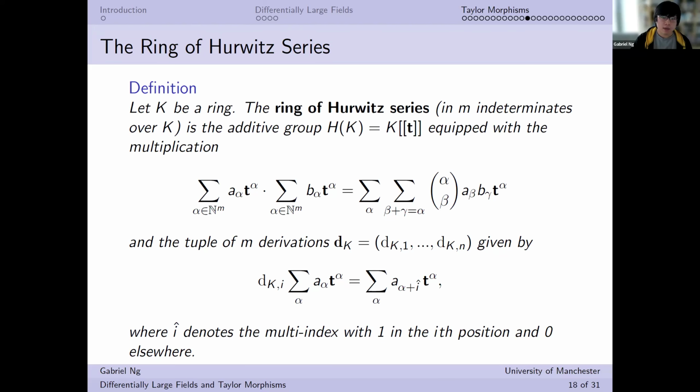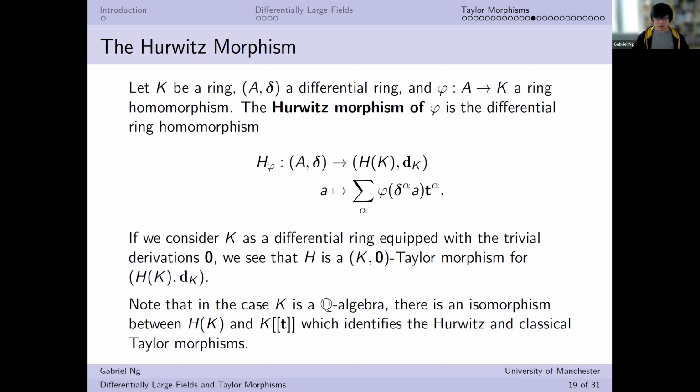Okay. And there is a kind of analogous construction to the classical Taylor morphism in this setting. So if we let, again, K be a ring, A a differential ring, and we take a ring homomorphism phi from A to K, then the Hurwitz morphism of phi is the differential ring homomorphism, which we denote by H sub phi, from A to this ring of Hurwitz series with these shift operator derivations.